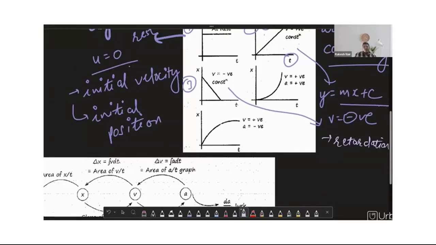From time t equal to 0 to time t equal to 3, we had a velocity of, let's say, 3 to 5 meter per second. Initially it started from 3, it went till 5.